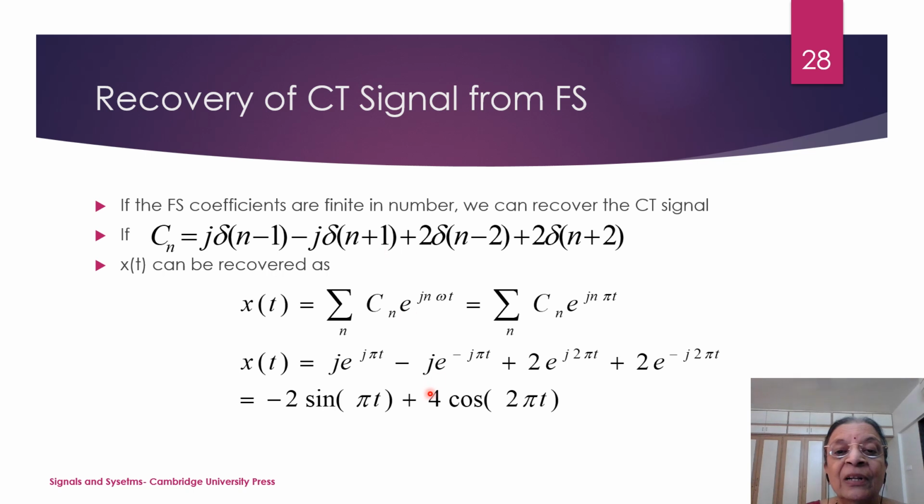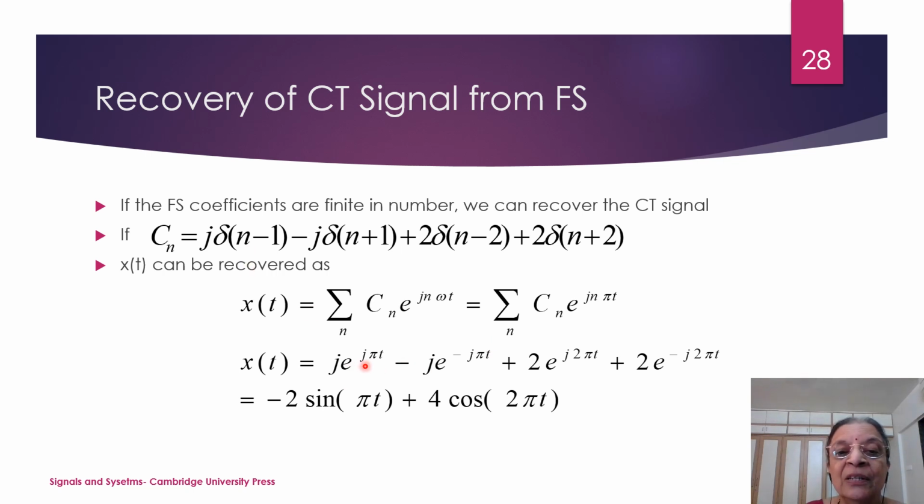Now for this term we write minus j into e raised to minus j pi t. For this we write e raised to j2 pi t. For this we write e raised to minus j2 pi t, because this is existing at n equal to minus 2. So here n is equal to minus 2, so e raised to minus j2 pi t. Here n equal to 2, so it is e raised to j2 pi t. Here n equal to minus 1, so minus j pi t. Here n equal to 1, so it is j pi t.